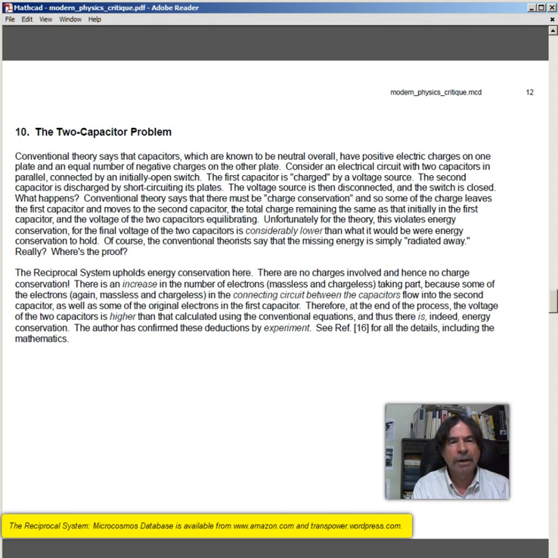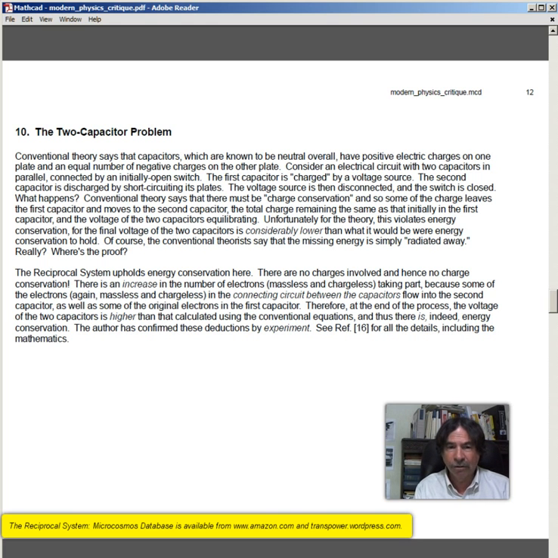The reciprocal system upholds energy conservation here. There are no charges involved, and hence no charge conservation. There is an increase in the number of electrons, massless and chargeless, taking part, because some of the electrons, again massless and chargeless, in the connecting circuit between the capacitors flow into the second capacitor, as well as some of the original electrons in the first capacitor.